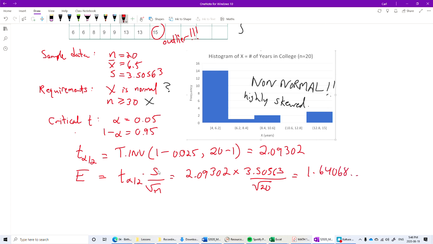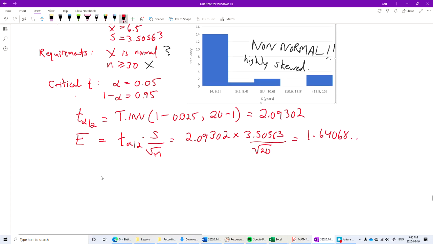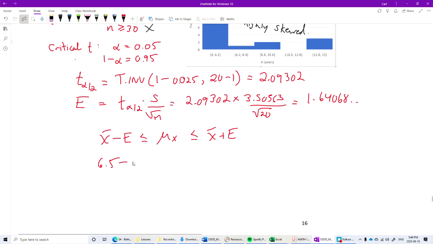Okay, so now what is my confidence interval? It's going to be x bar minus the margin of error, x bar plus the margin of error. X bar was 6.5 minus the margin of error, x bar plus the margin of error.